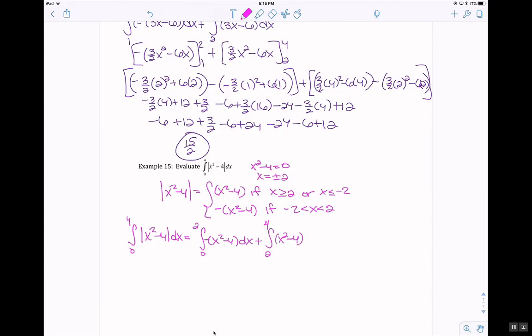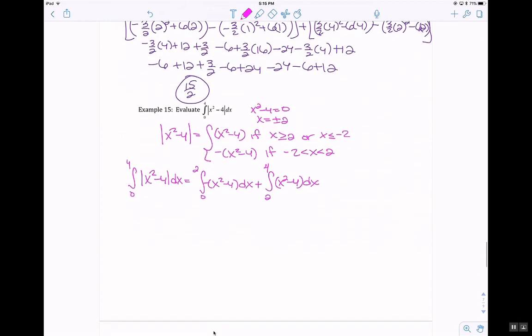So then I take my antiderivative. Got a little bit of problems here. So negative of 1/3 x cubed minus 4x, going from 0 to 2, plus 1/3 x cubed minus 4x, going from 2 to 4.